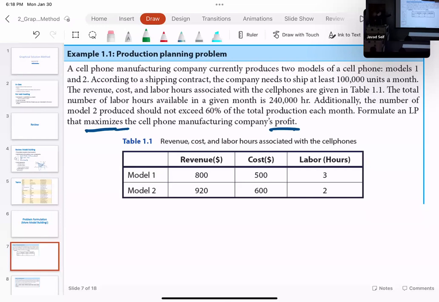So after you solve this, what is it that they don't know? And they want to solve a problem to find what? Yeah, the number of phone models: how many of model 1 to produce, how many of model 2? Let's say you have the answer: model 1, 300, model 2, 500. You represent that with a table, right?